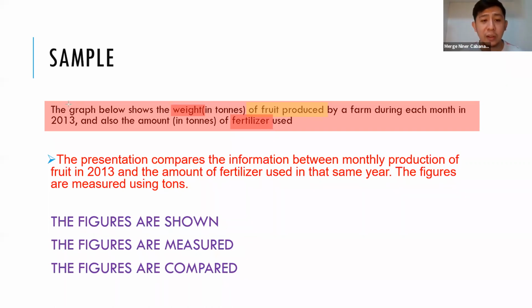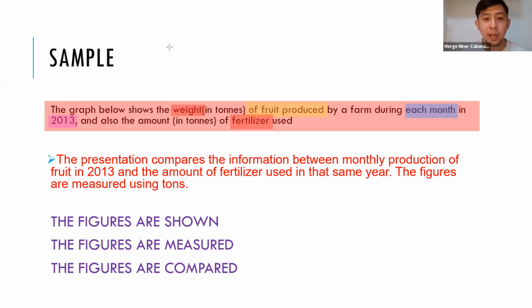It happened in 2013, but let us not forget that not only in 2013, it also measured the monthly period of the production and the use of fertilizer. So if I'm going to use my presentation here, take a look at this.